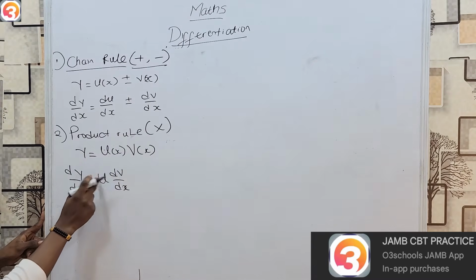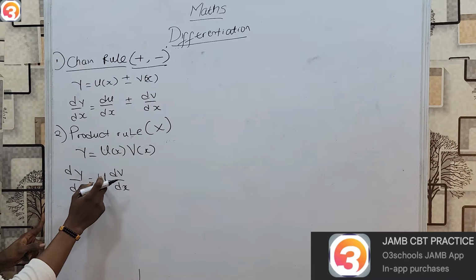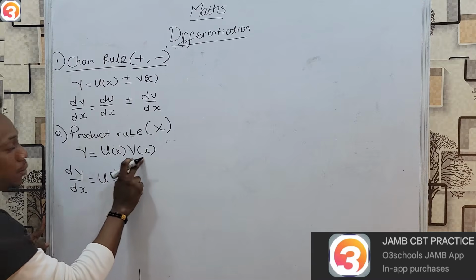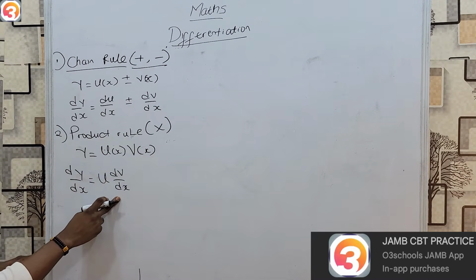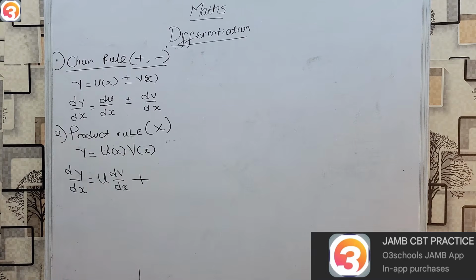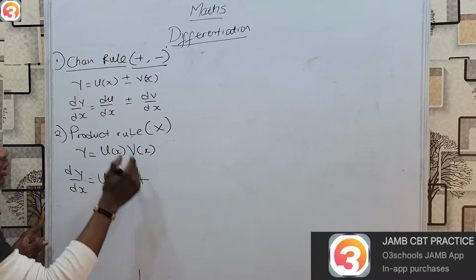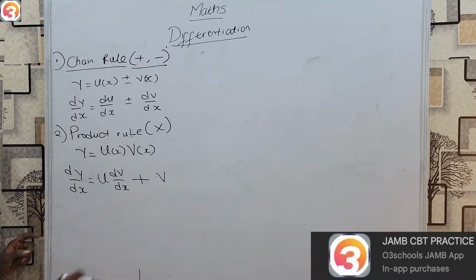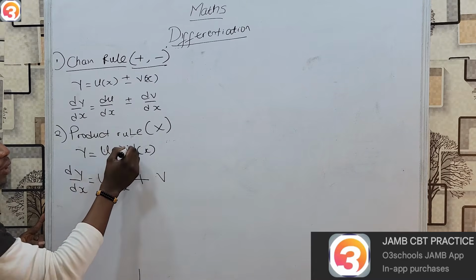So I picked one without changing it whatsoever, multiplied by the derivative of the other one. Then always put a plus in the center. Then I'm now going to pick the one I did not pick before. I picked u before, so now I'm going to pick v and then differentiate the other one. So when I picked u, I differentiated v.